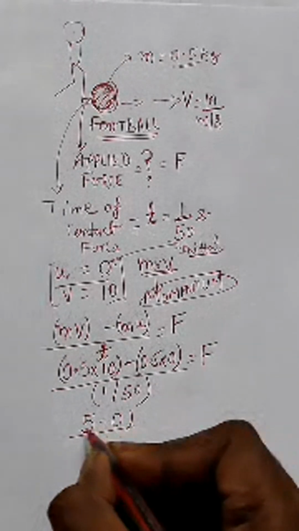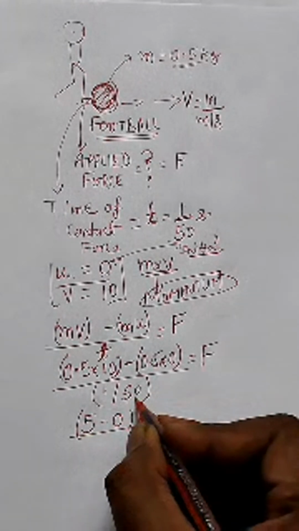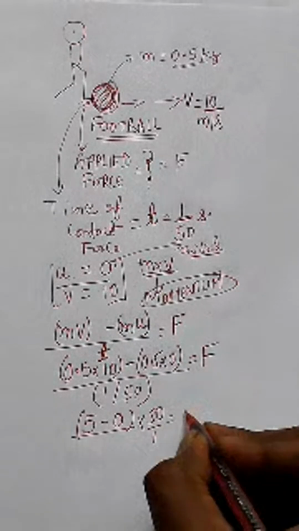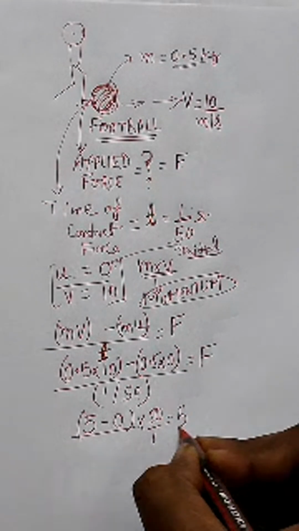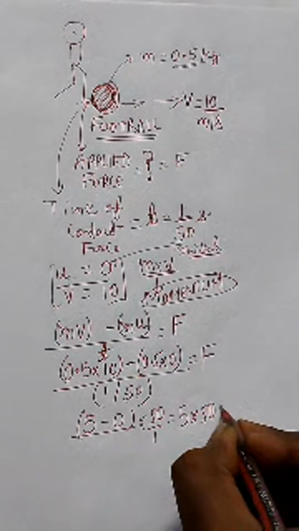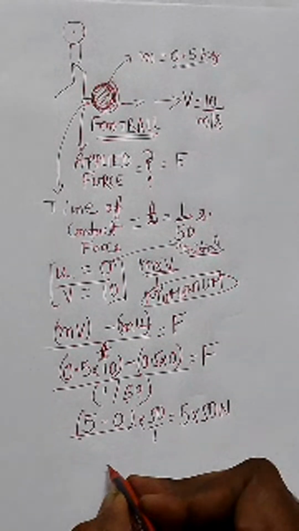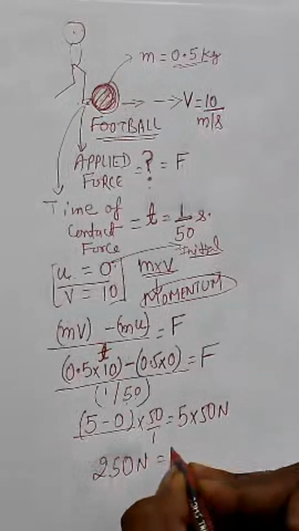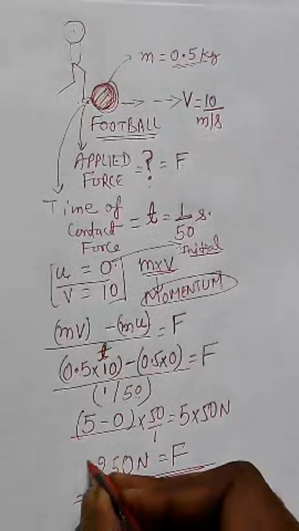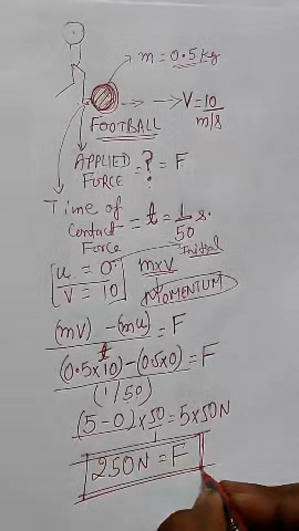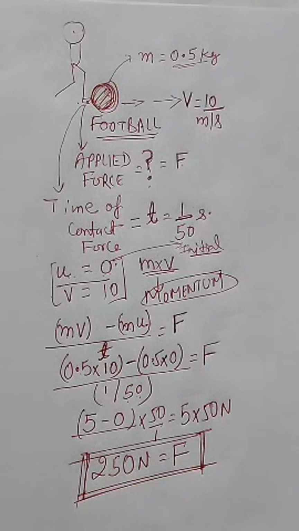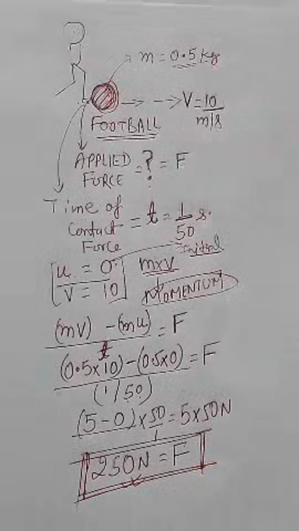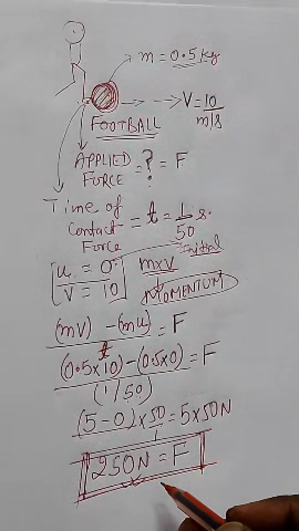When it is divided, this denominator will come into the numerator, so it will be 50 by 1. So this will give you 5 into 50 Newton, which is equal to 250 Newton. This is the force applied. So the force applied by the football player at kickoff is 250 Newton. And this is your answer, right?